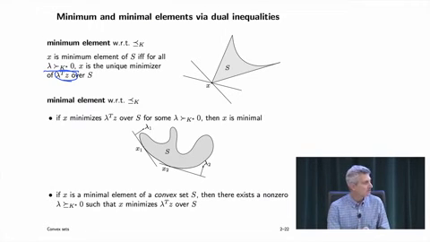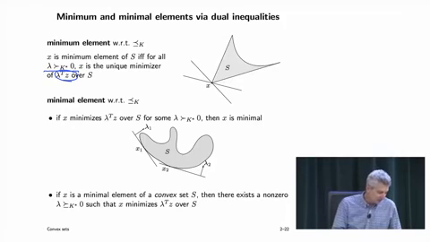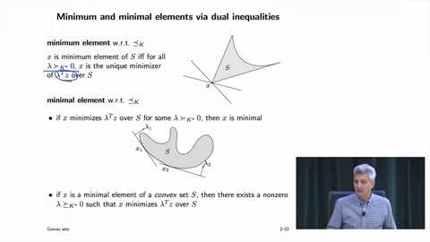Remember, minimum elements are unique. We'll come back to this later. If you're solving optimization problems, you just minimize any non-negative linear combination of the elements of z, and that will give you the minimum element.